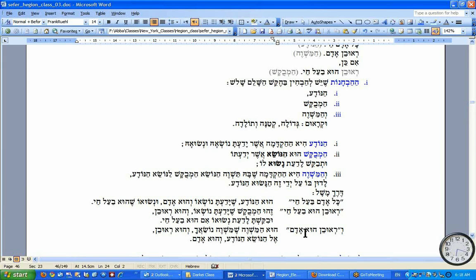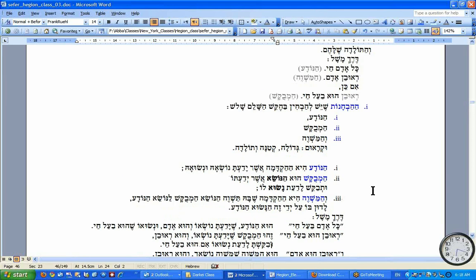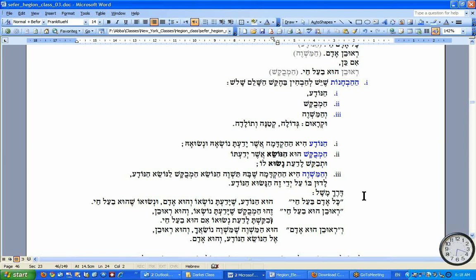Uruvain Hu Adam, Hu Hamashve, that's the equating term. Hu Hamashve Nosecha, v'Hu Reuven. It equates the subject, which is Reuven, el Noso Hanoda, to the subject of the given term, v'Hu Adam.